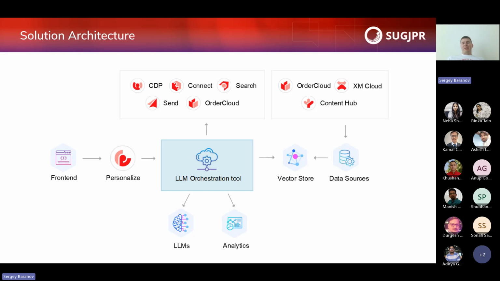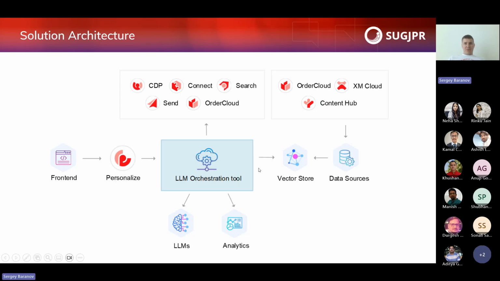Because there are no tools to extract and merge information from OrderCloud, XM Cloud, and Content Hub, we do it programmatically in .NET, because all of the systems have SDKs and it's not so complex to do it programmatically. Next we need to choose a vector store that meets our requirements and populate it with information from the data sources.